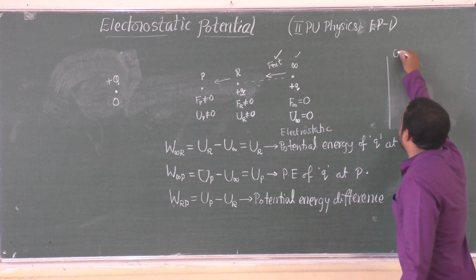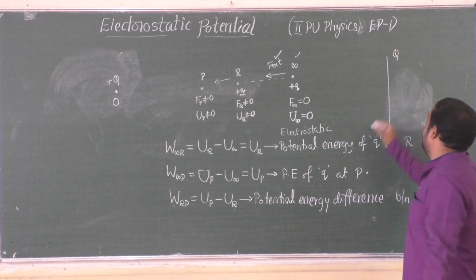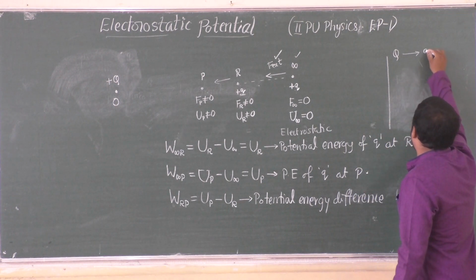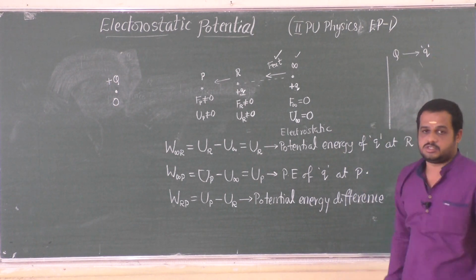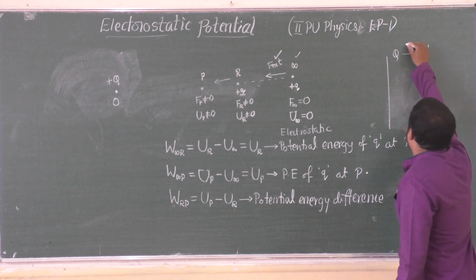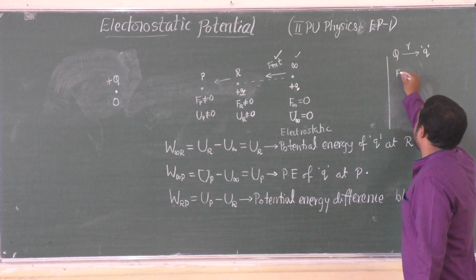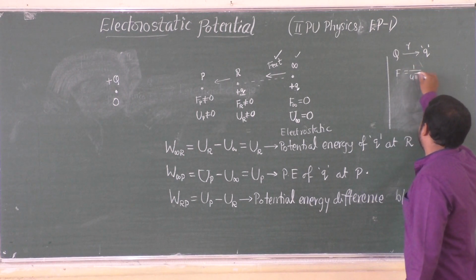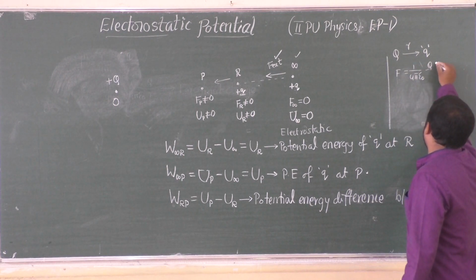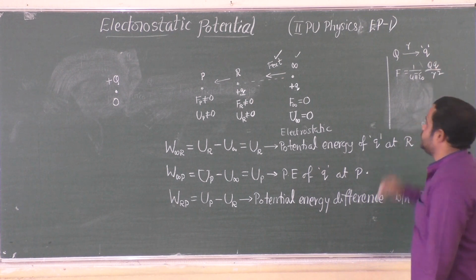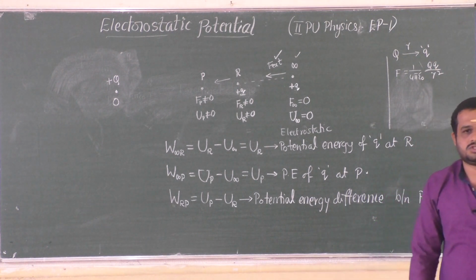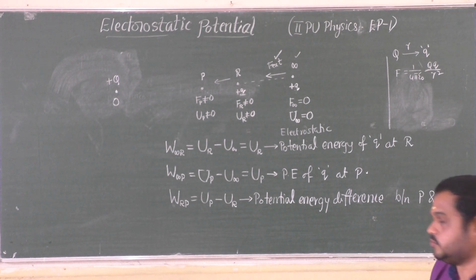Due to a source charge Q, the magnitude of force acting on a test charge small q, if the separation between them is r, is given by F is equal to 1 over 4 pi epsilon naught Q into q divided by r square. Now it is electrostatic force. It represents electrostatic force.